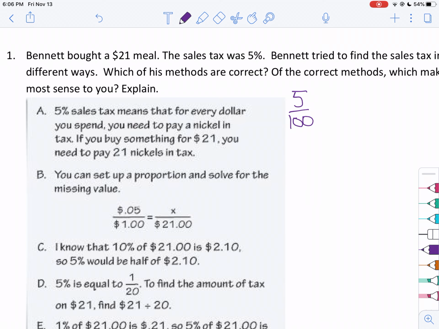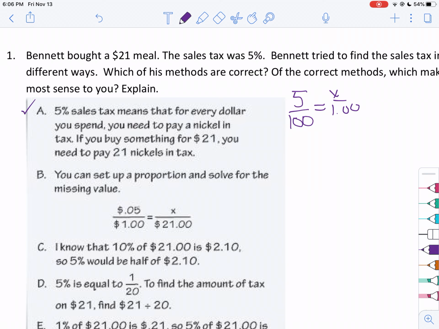I think it might make sense, right? So 5% per 100. So then how much would we need for $1? Yeah, so it looks like A is right.